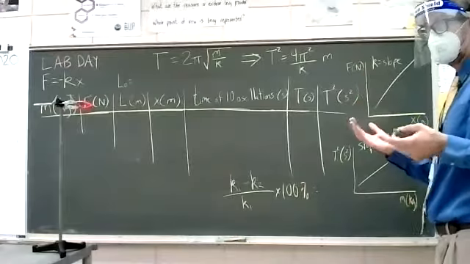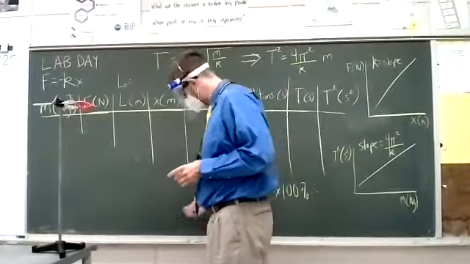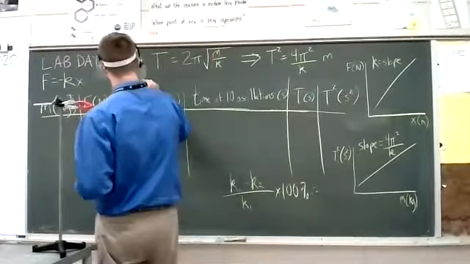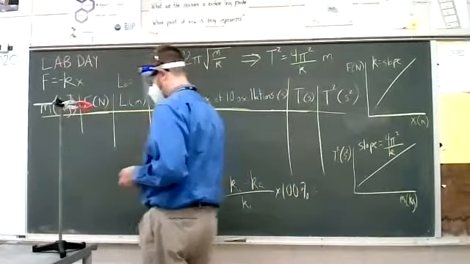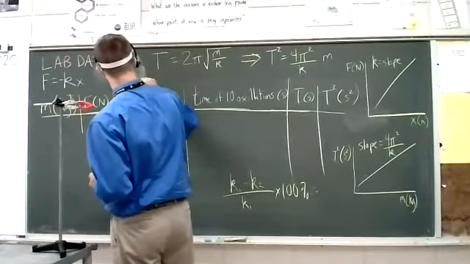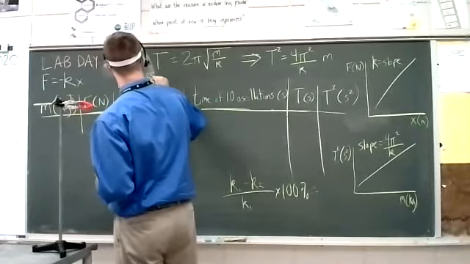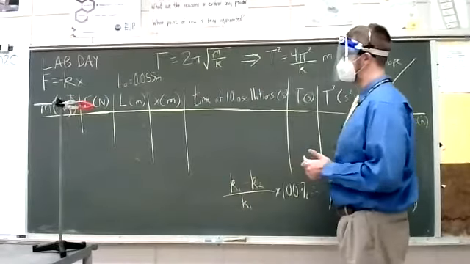It's plus or minus about 1 millimeter. So today my judgment says 5.5 centimeters. So L naught, 0.055 meters, is the original length of the spring. 5.5 centimeters or 0.055.